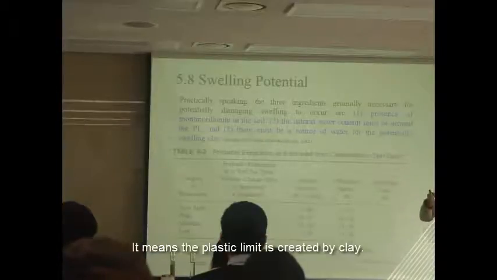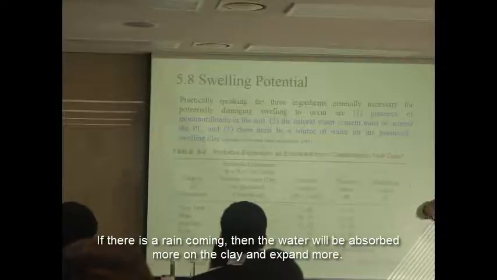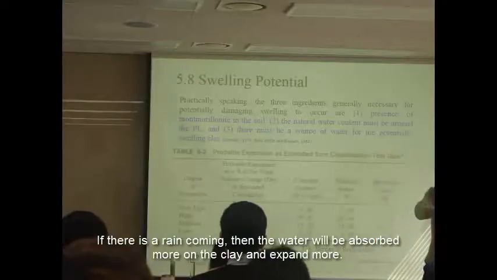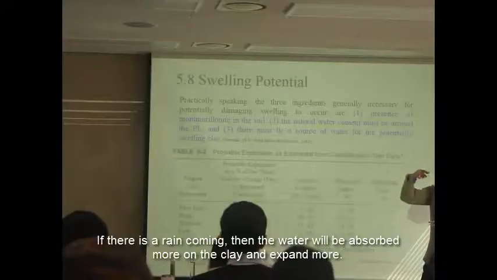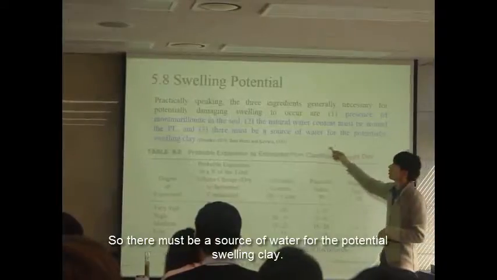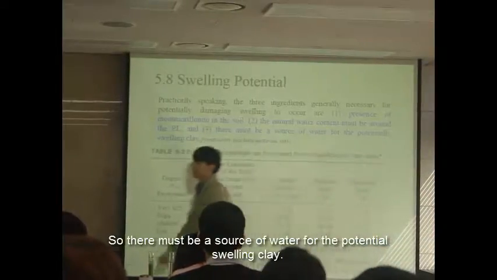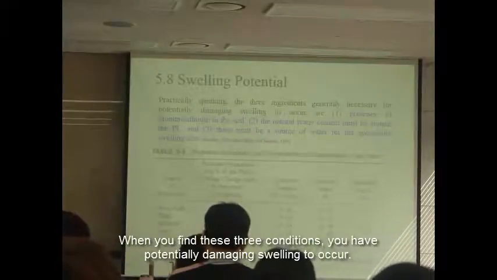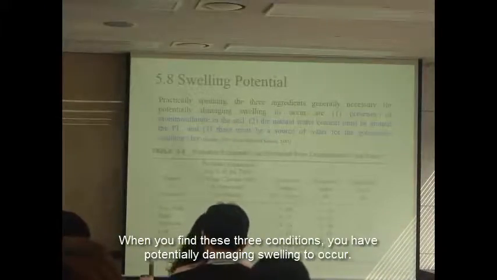It means that at the plastic limit the clay is pretty dry, so if there's rain coming, then the water will be absorbed more into the clay, so it's going to swell. Third, there must be a source of water for the potentially swelling clay. So when you find these three conditions in a clay layer, then you have the potential for swelling.